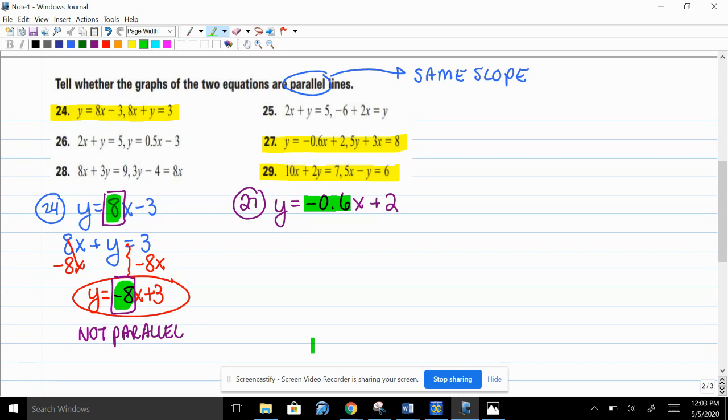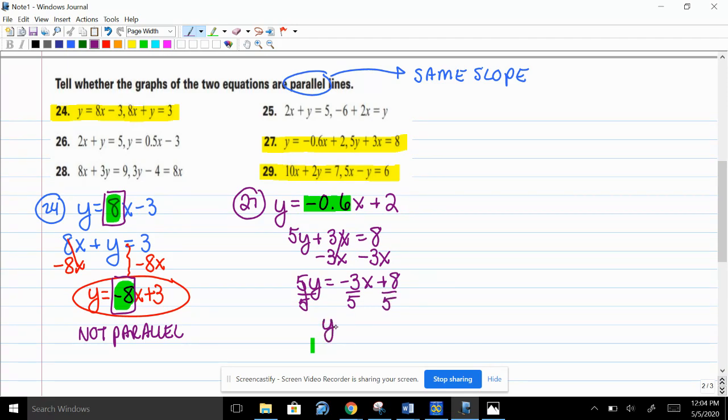That second equation, which is 5y plus 3x is equal to 8, is not in slope-intercept form, so I have to change it. I move the x term, minus 3x: 5y is equal to negative 3x plus 8, and then I divide across the board by 5.